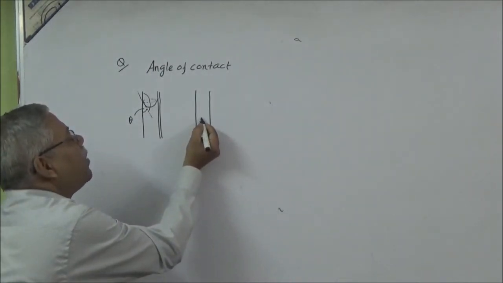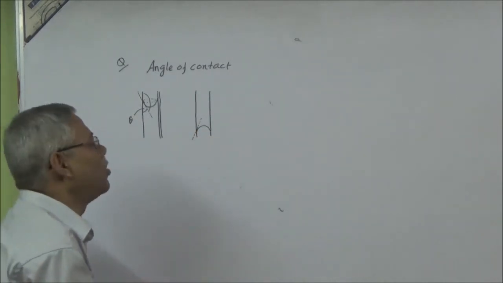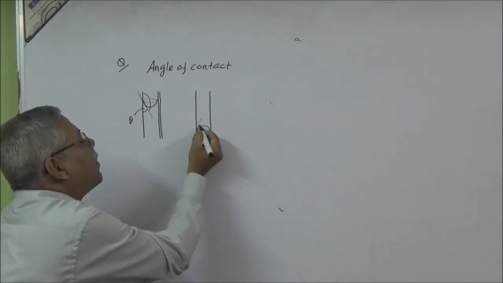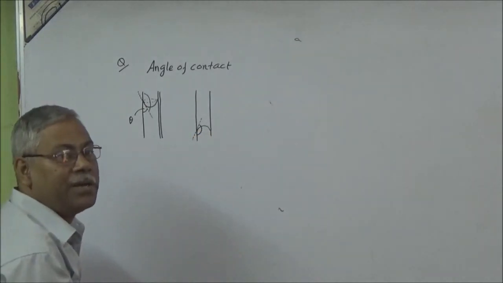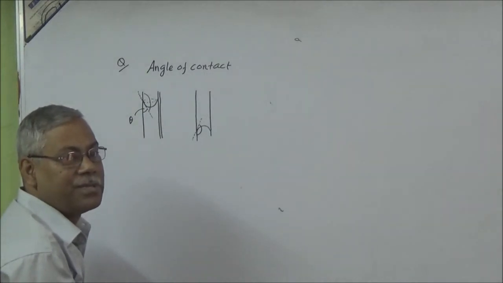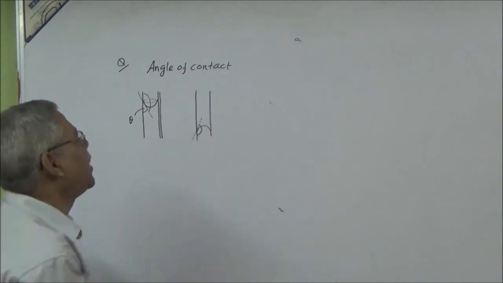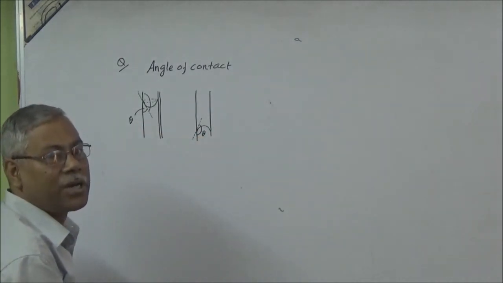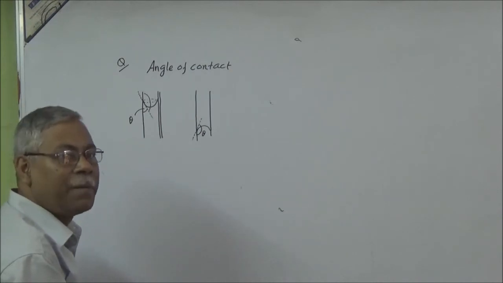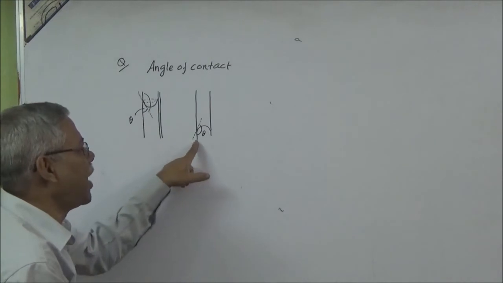Then the angle made by this tangent with the surface of the pipe, and such angle being inside the liquid, is called the angle of contact. So this angle is inside the liquid, this is the angle of contact. The definition of angle of contact may come in exams, so write it.